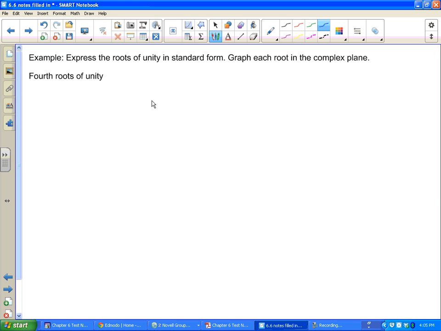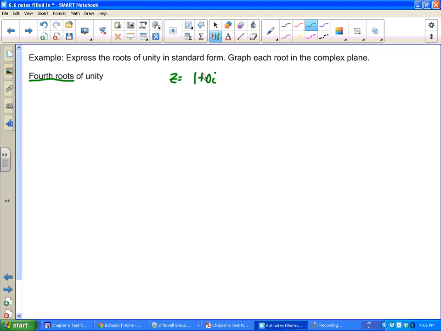So basically what we're going to do is find all of the, in this case, 4th roots of the complex number 1. Okay, and you might say, well, that's not a complex number, but it is, because we can add a 0i, and now 1 plus 0i is a complex number.